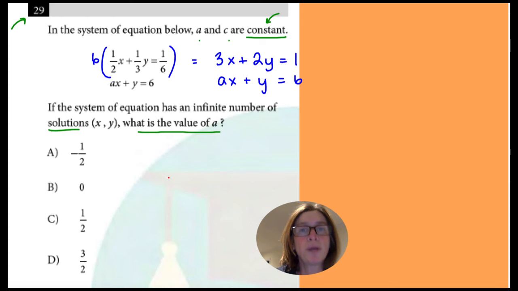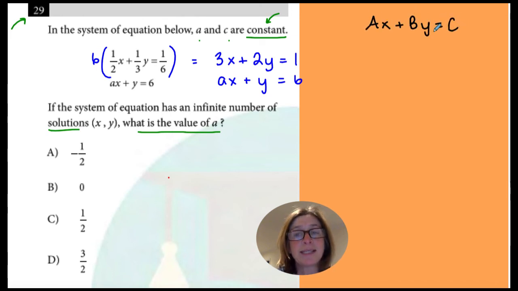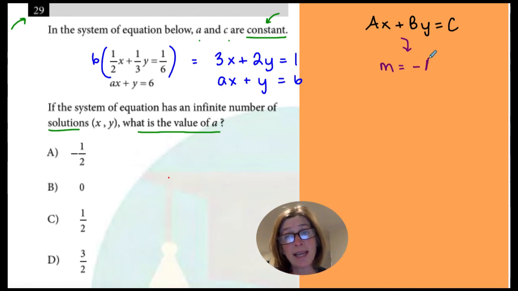All right, there are 2 ways you could do this. You could just use the standard form shortcut. So ax plus by equals c is standard form of a linear equation. I have said in my linear equation videos that it's really nice to know the shortcut for the slope. The slope is always negative a over b, not to be confused with what you do with quadratics, okay?